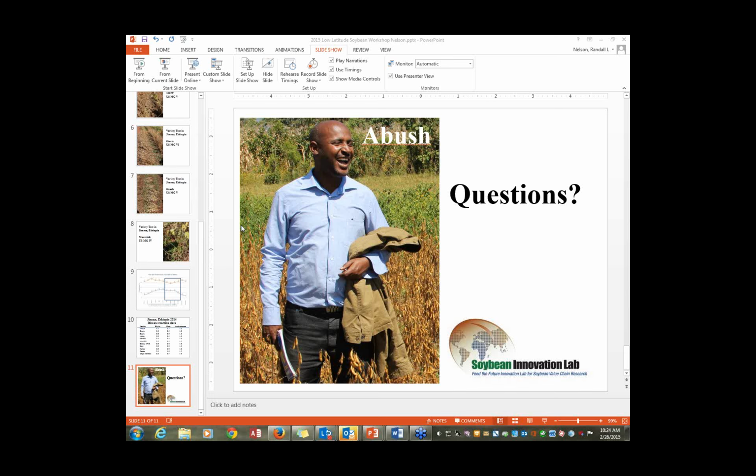The aim is to move yield traits, abiotic stress traits, and seed composition traits into the African adapted varieties and improve yield. So that's really the reason we want to have this workshop, to find out what we can to develop this foundational system of what we know is necessary for optimum adaptation so that all those other traits can be moved in. So I think we are moving towards that.